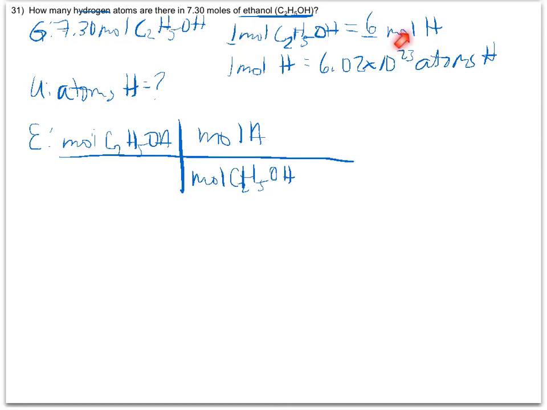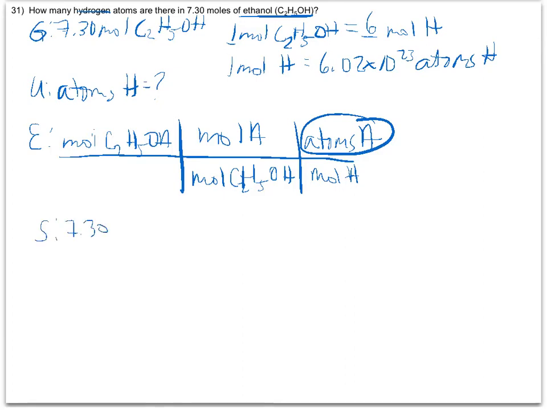And remember, I'm using this first equivalent statement. This is the one with moles of ethanol in it, so we need these moles of ethanol to cancel here and here. Okay, now we're in moles of hydrogen, which means I need moles of hydrogen on bottom so that it cancels, and atoms of hydrogen on top, because that's what we're looking for. So substituting in, we've got 7.30 moles of ethanol, C2H5OH.